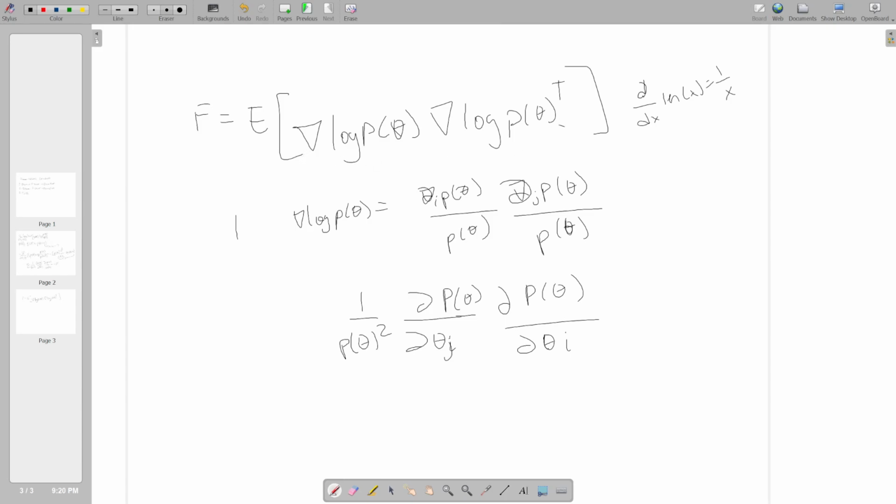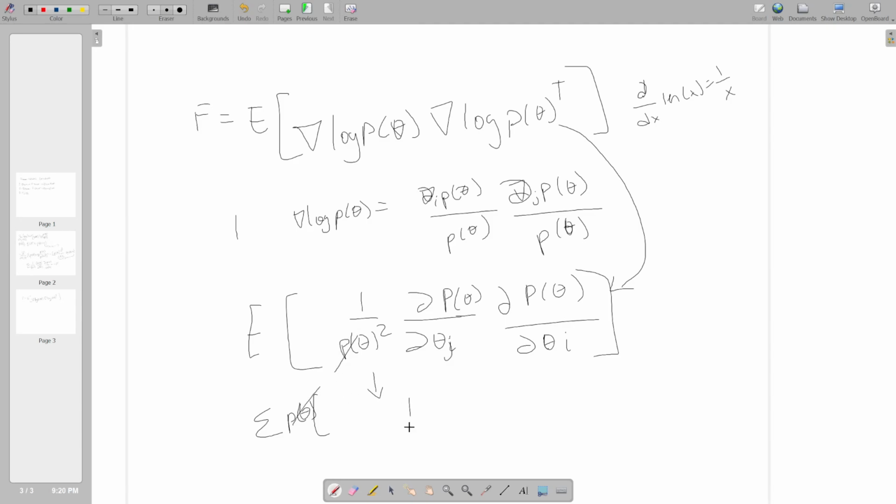If we do this operation, remember we have the expected value. So if we do this whole thing, this is going to be a sum over all the possible combinations, and it's going to be p of theta times this, which is clearly going to cancel out one of these.